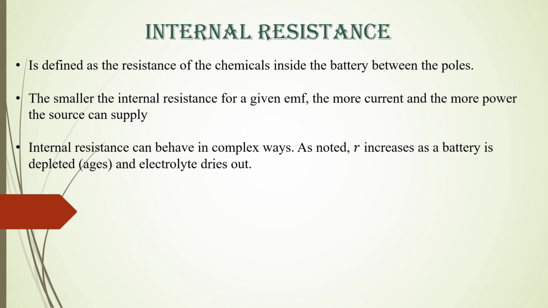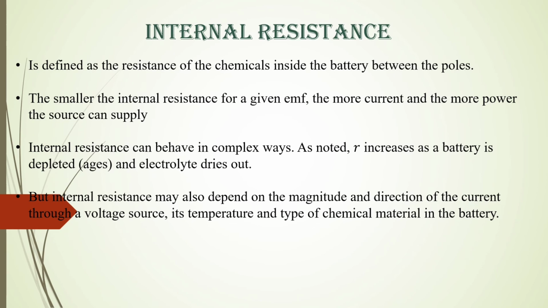Internal resistance can behave in complex ways. As noted, internal resistance increases as the battery is depleted and electrolyte dries out. But internal resistance also depends on the magnitude and direction of the current through a voltage source, its temperature and the type of chemical material.